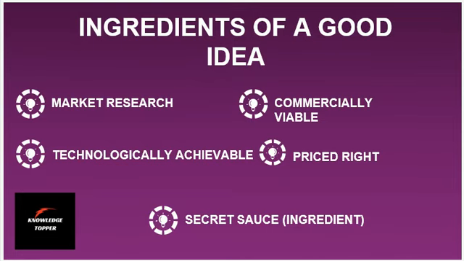The other important thing is that you have to know how much that technology costs you. You can also find a lot of business ideas by focusing on new technology. For example, Uber and Kareem use the support of Google Maps. So this is the third step: you have to know whether your idea is technologically achievable or not.